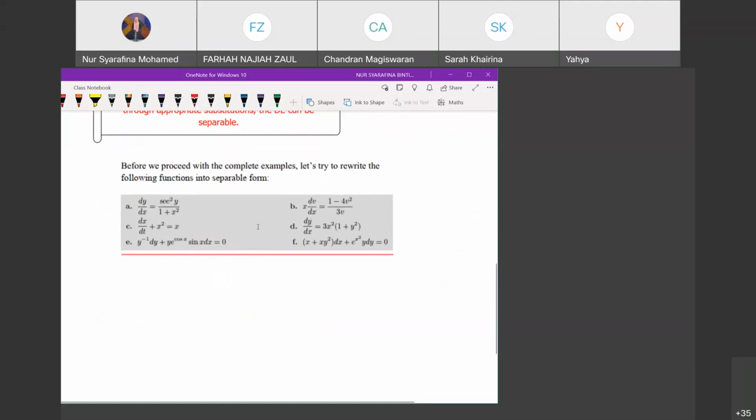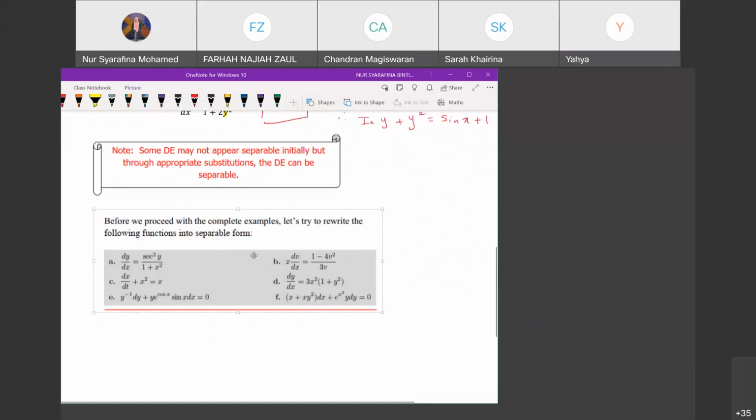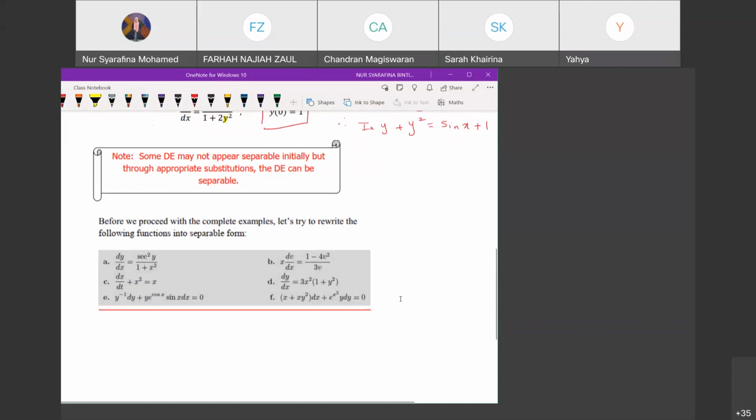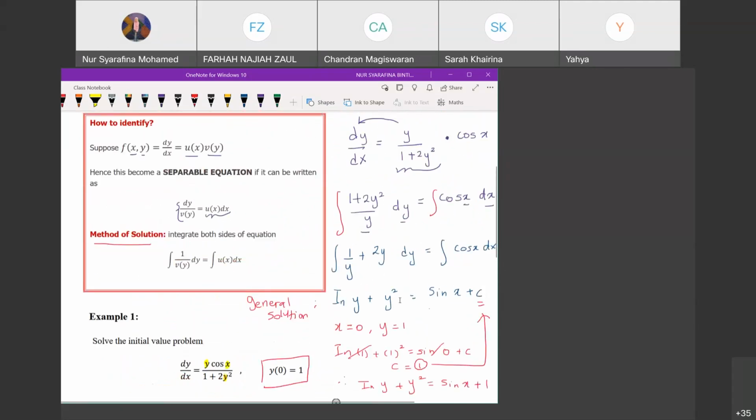Before we proceed with the non-separable form, why don't we try to just separate the function, not finding the solution. You know how to find the solution, right? Once you separate the function according to the variable, then you just integrate both sides.